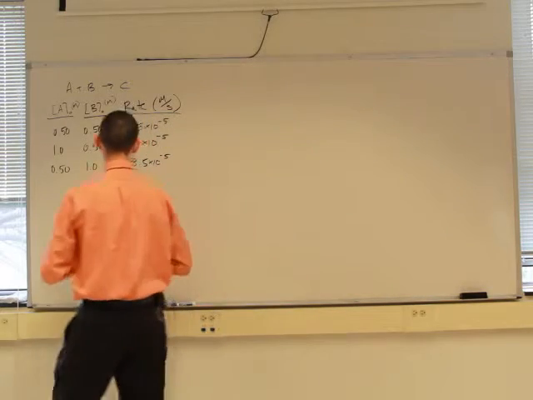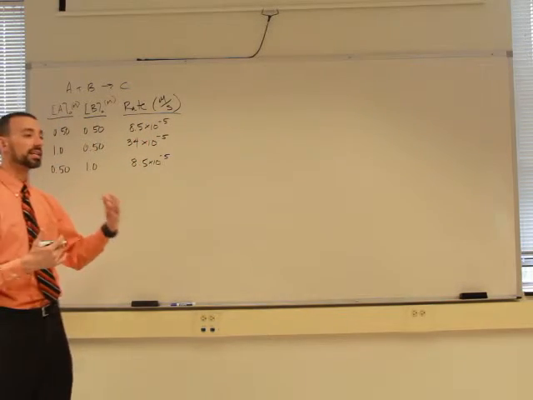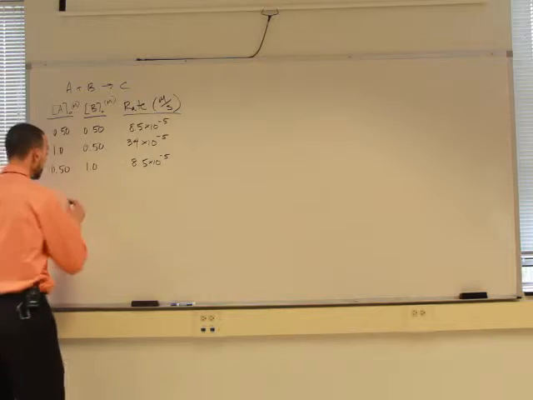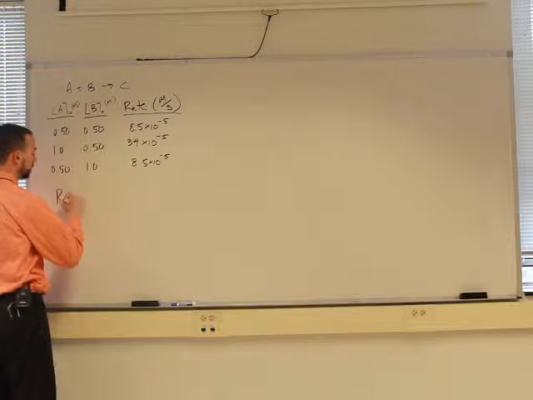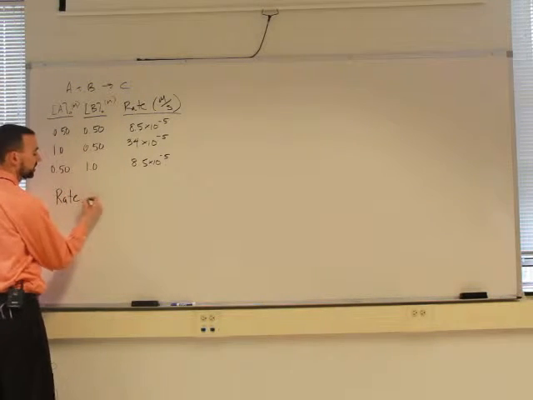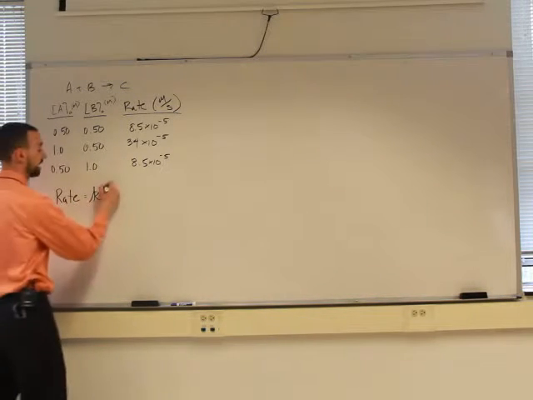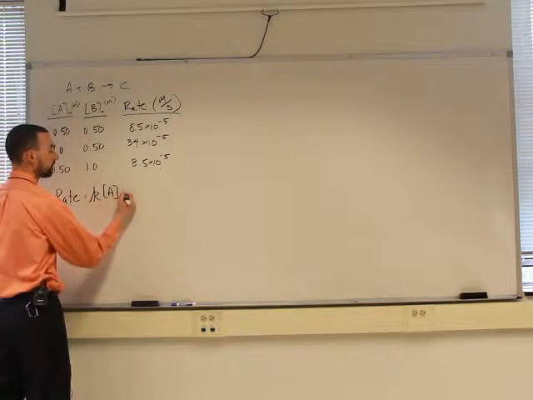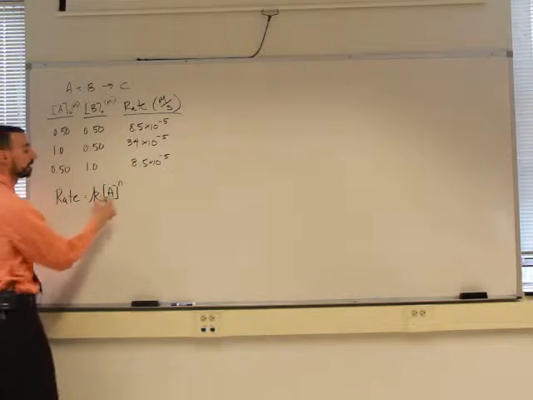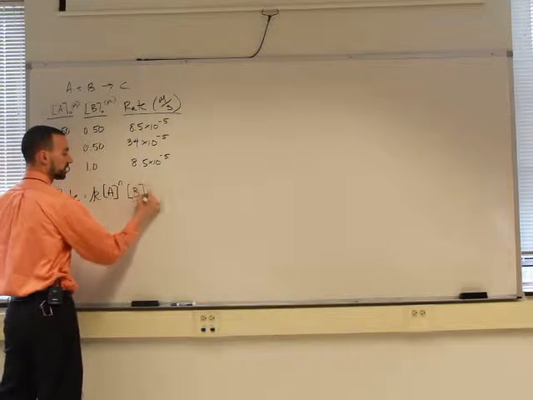Now how would we find these values if we didn't do it by inspection? Our generic rate law for this reaction is that the rate is equal to a rate constant, K, times A raised to an order, and B raised to an order.